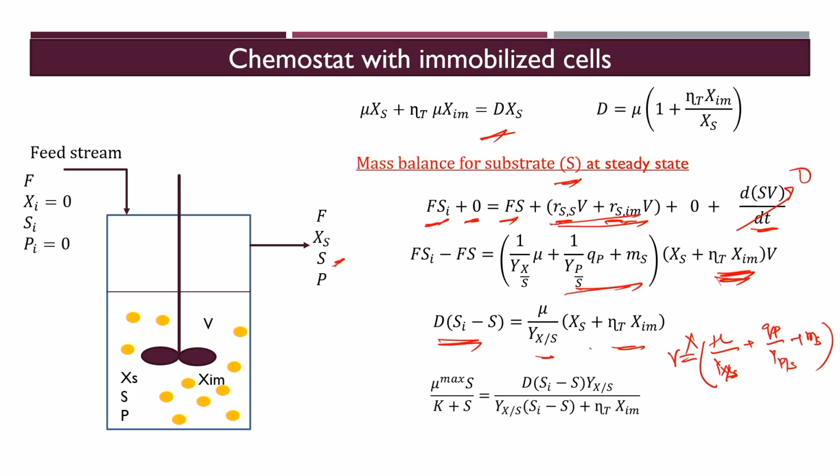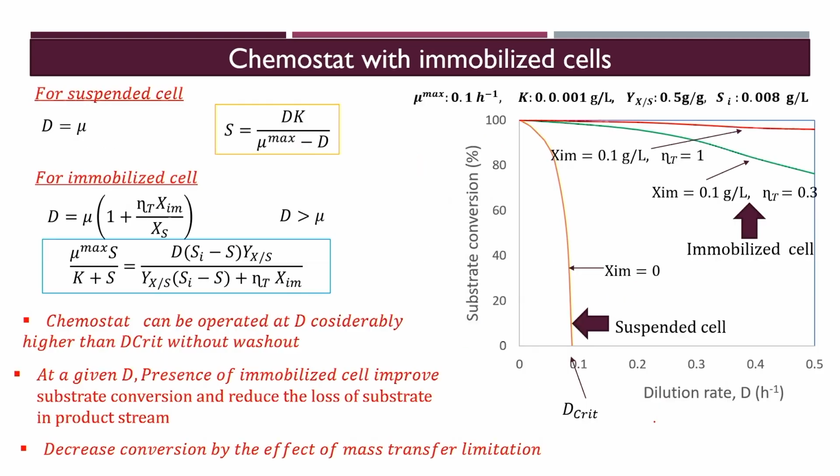In this way we can further rearrange: D equals mu max S upon Ks plus S, Si upon S, it can be divided here. So, in this way you should be able to calculate the substrate concentration, or if the substrate concentration is given, you should be able to calculate the other parameter in this equation.